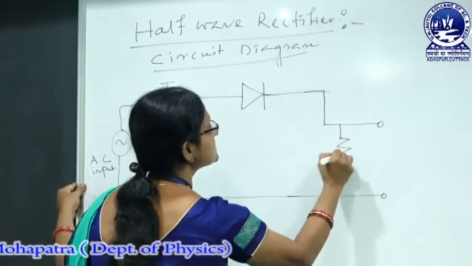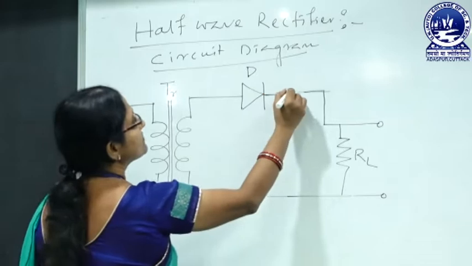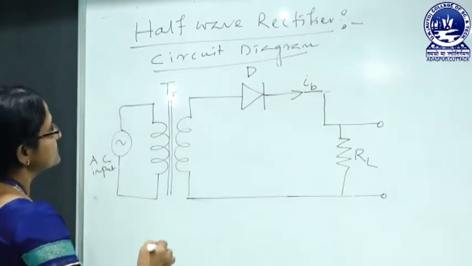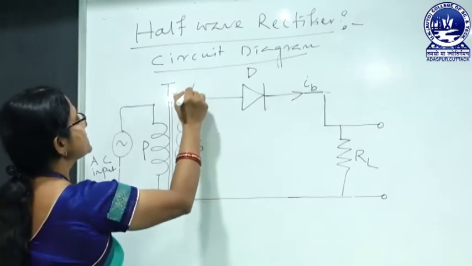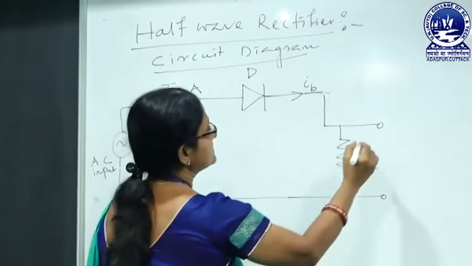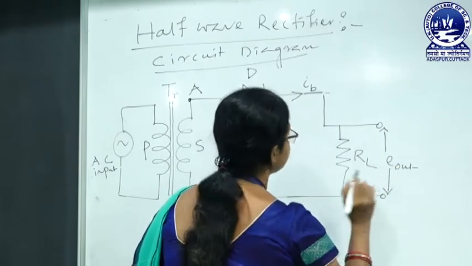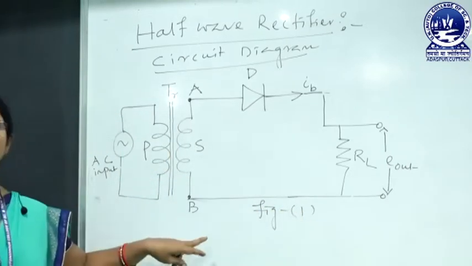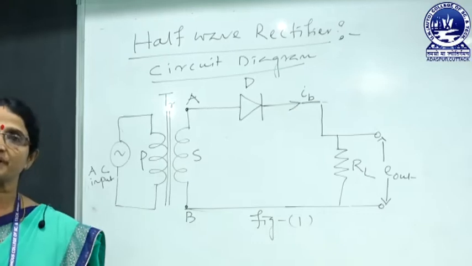This is the load resistance RL, this is diode D, then this is the instantaneous current, that is IB. This is the primary and this is the secondary. The top end A and the bottom end B, and this is the output voltage. This is figure 1. Figure 1 shows the simple circuit diagram of a half wave rectifier.